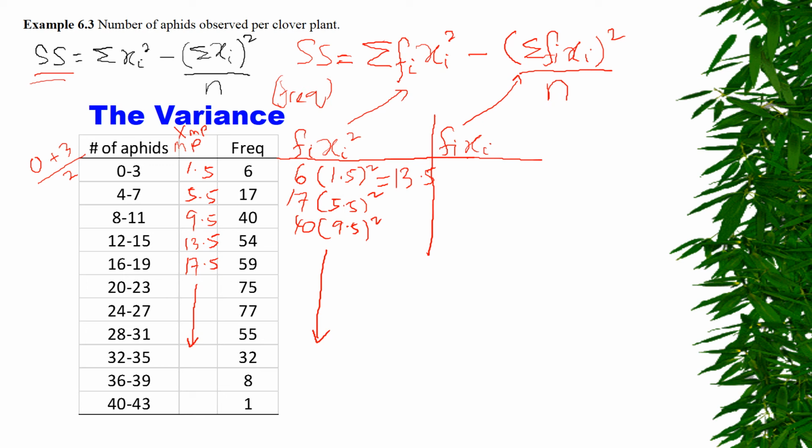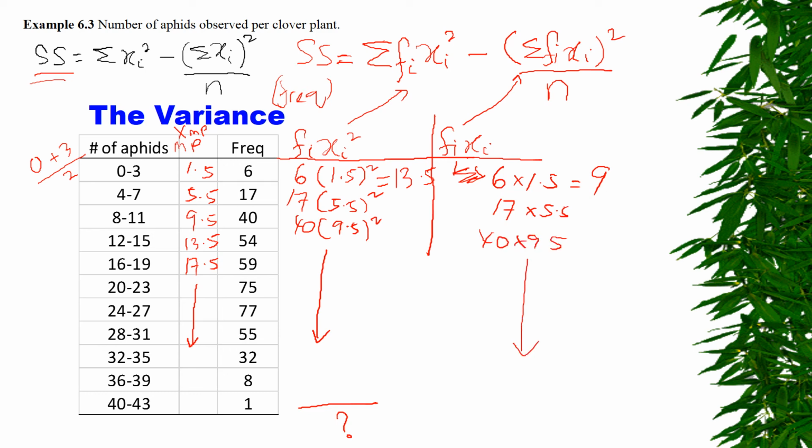And then for fixi, you just directly put 6 times 1.5. So this will become 9. Okay, so then do the rest: 17 times 5.5, 40 times 9.5, and you do the rest.